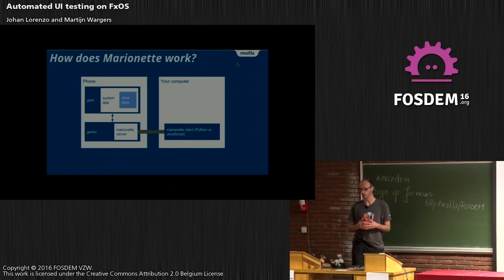So how does Marionette work? Basically, you have your own machine, and you have plugged in your Firefox OS phone. Then we have the Marionette client, which is a Python package which you have installed on your computer, which is communicating with your Marionette server, which is embedded as part of Gecko.